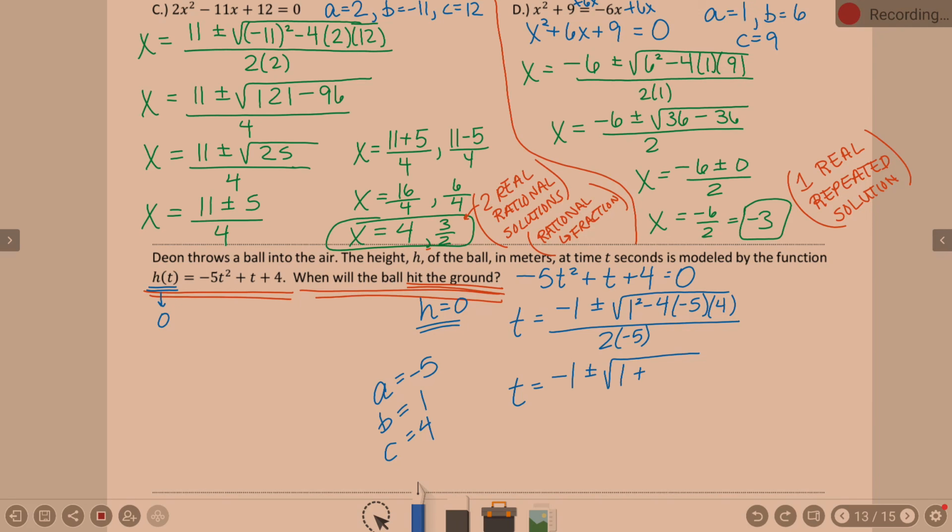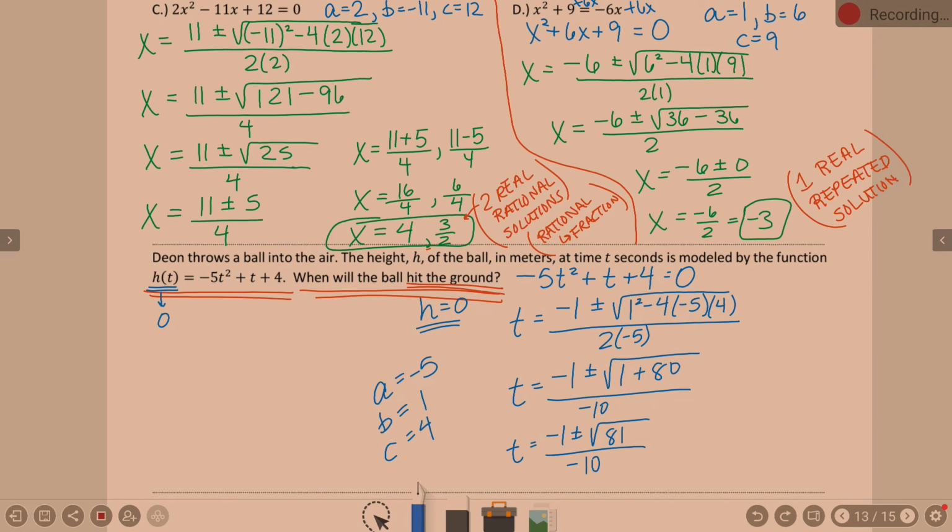Times 4 is 80. All over negative 10. I like the looks of my radical. Negative 1 plus or minus the square root of 81 all over negative 10.